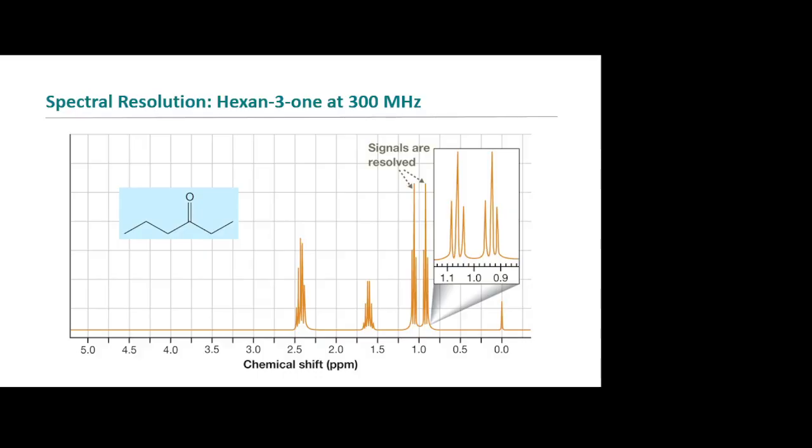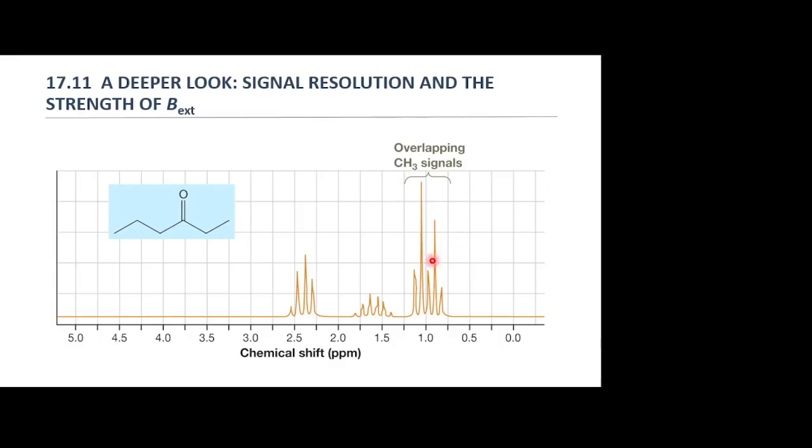And so that's why these resolve so nicely now: it's the peaks that resolve and get further apart, not the splitting. Before, these were overlapped with their splitting, and so you got a big mess. Then we basically took the entire world for the proton, applied a more powerful magnetic field, and split those up. And now we can see the splitting for each one.